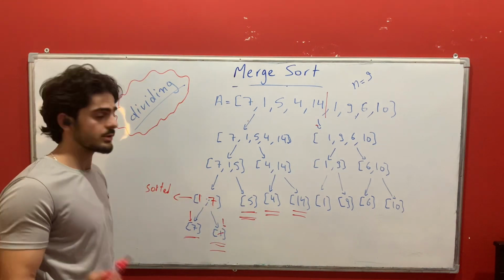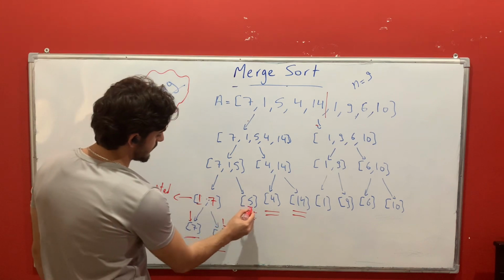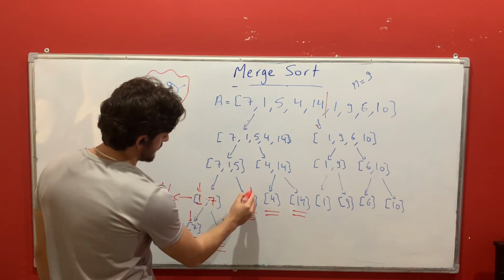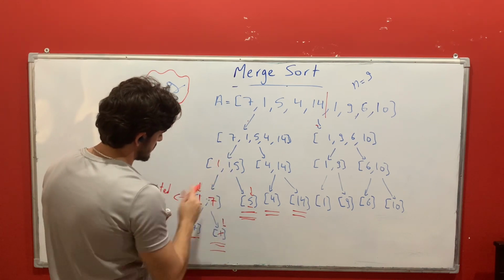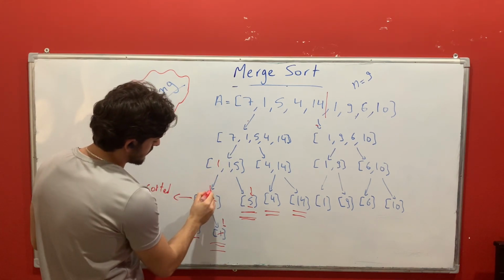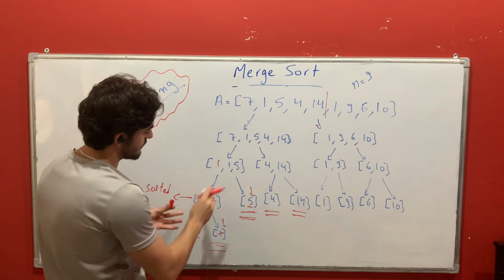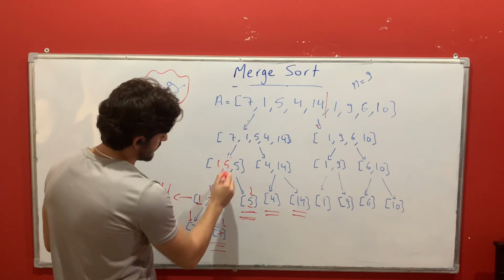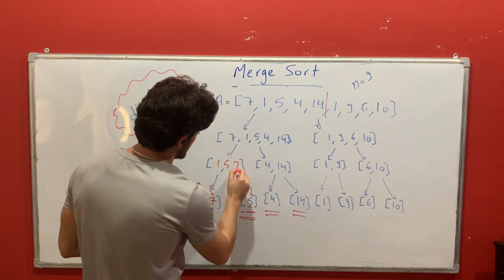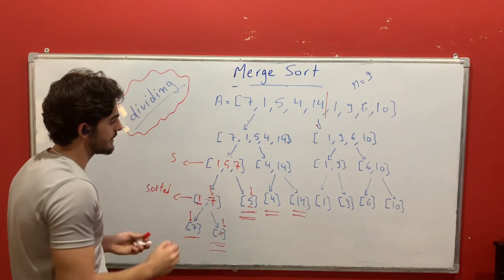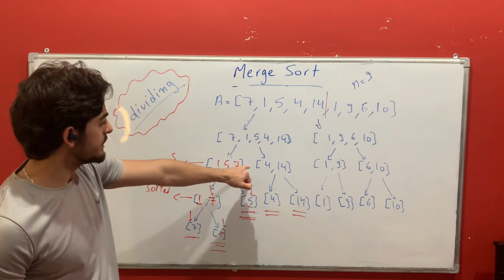So we continue the sorting algorithm. 1 and 5, 1. So here we add it. We shift the pointer to the right. 5 and 7, 5. And we add the rest of the elements. Sorted. Now we continue on this part.